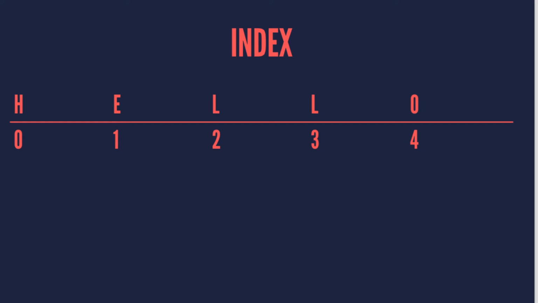If I say the second letter, the index is 1. What would the fifth letter's index be? Yeah, it'd be 4, because it's index 4, so it's kind of one behind what you would think. So just remember, when you're looking at index, it always starts at 0.